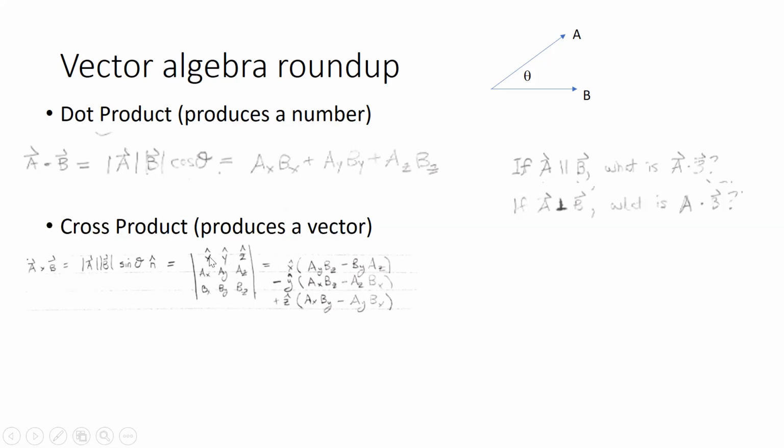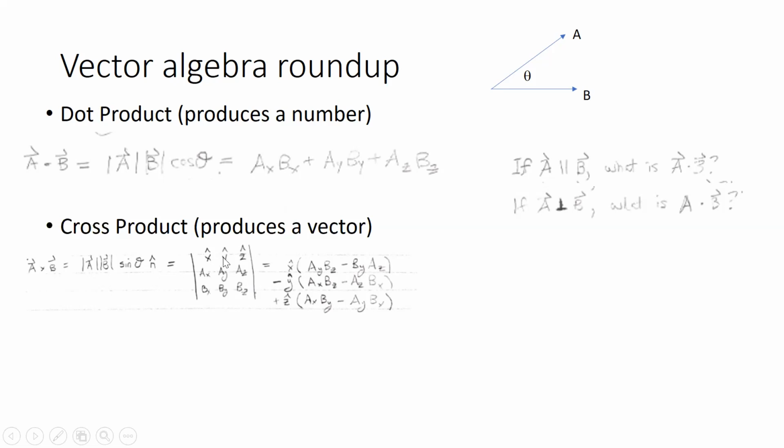And if you remember the rule for taking determinants, I'll just sketch it out fairly briefly. We take the first component here, and then we take the determinant of this submatrix over here, the rest of the matrix. So this would be x hat times AYBZ minus BYAZ.